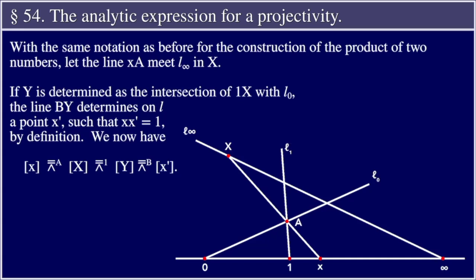If y is determined as the intersection of 1x with L0, the line by determines on L a point x prime such that xx prime is equal to 1 by definition. We now have the pencil x is perspective with center A to the pencil x, is perspective with center 1 to the pencil y, is perspective with center B to the pencil x prime.